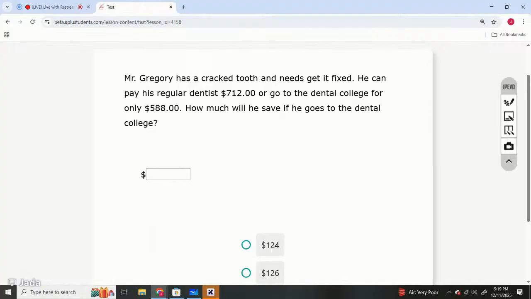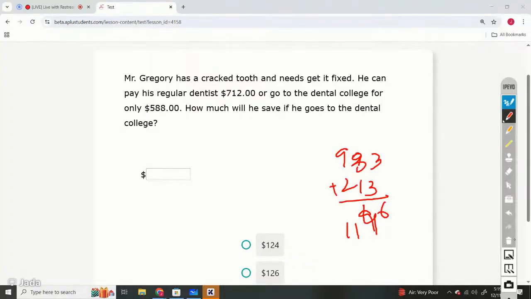Mr. Grigori has a cracked tooth and needs to get it fixed. He can pay his regular dentist $712 or go to the dental college for $588. How much will he save if he goes to the dental college? At the dental college it is 588, but at the regular dentist it is 712.